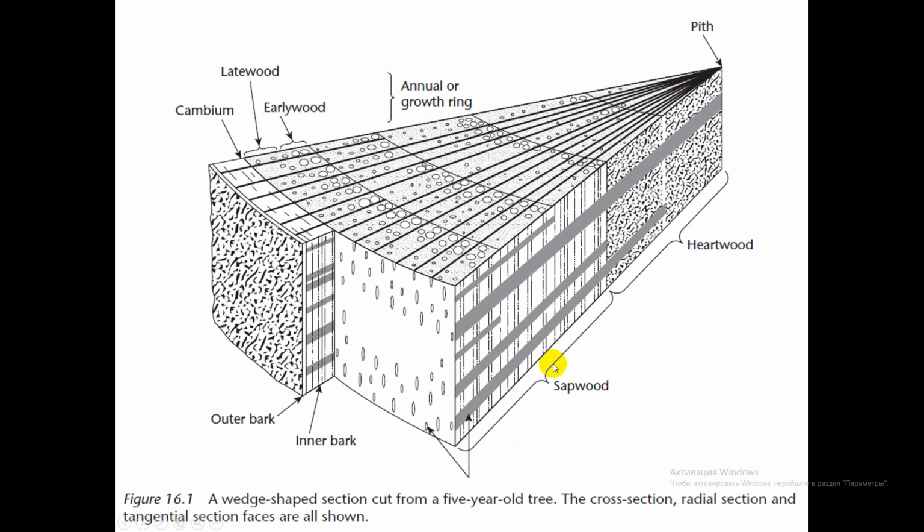And on all the slabs, this is the sapwood, and this is the hardwood piece. This is the inner bark, and this is the outer bark.